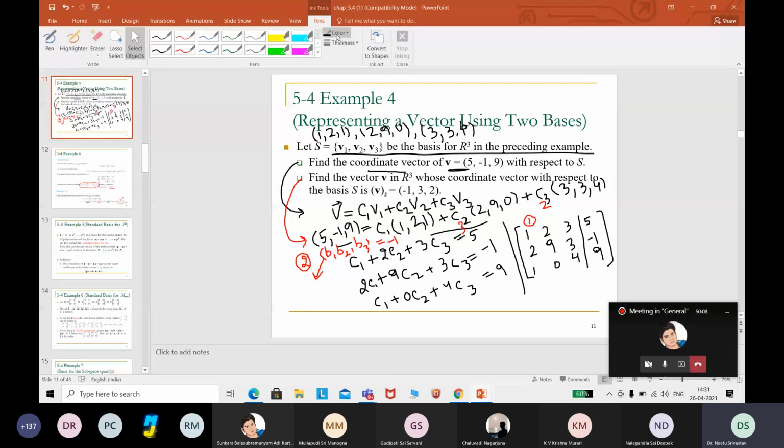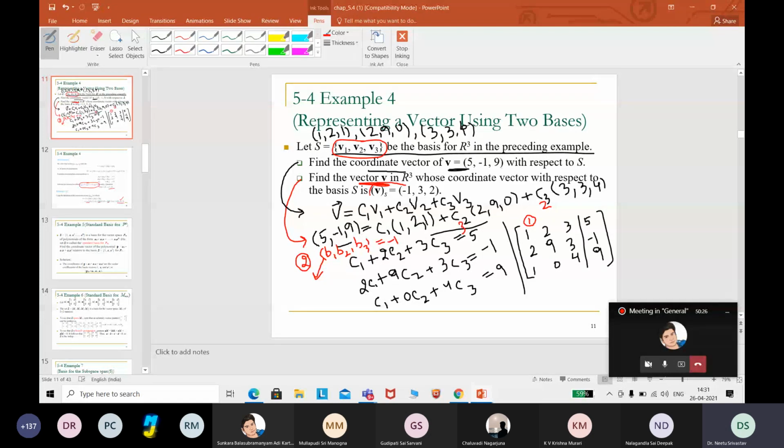What they are telling is that you have to find the vector V when you know the spanning vectors, which are v1, v2, v3, along with the coordinates.